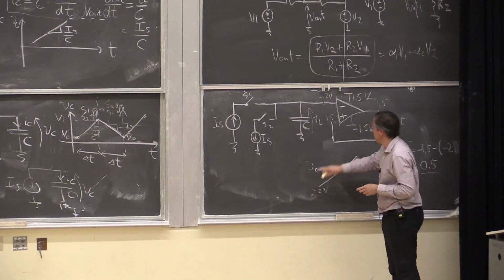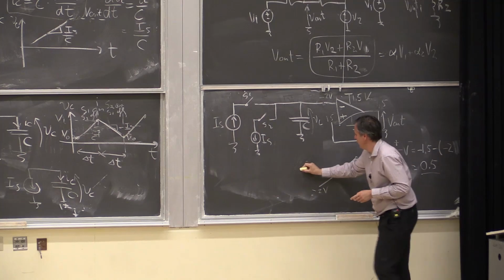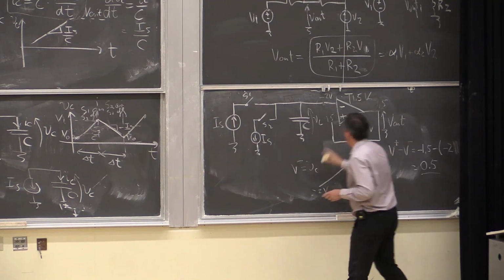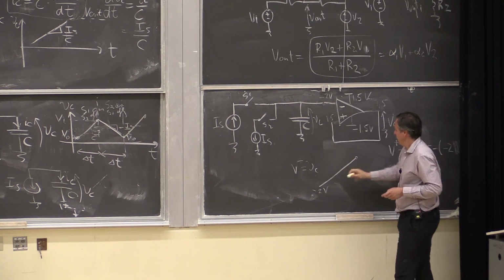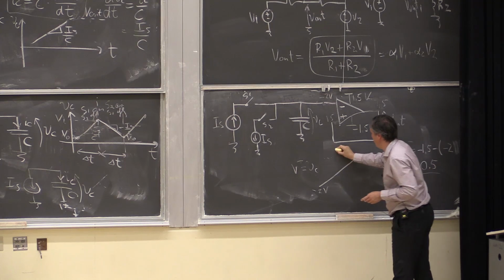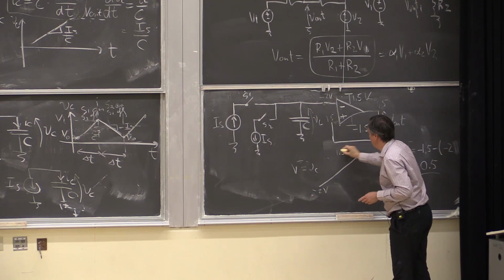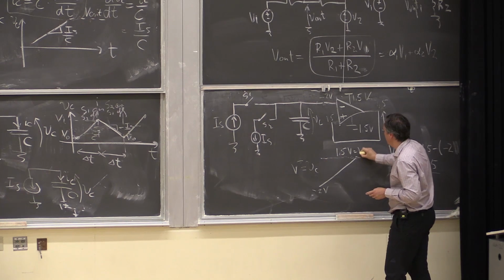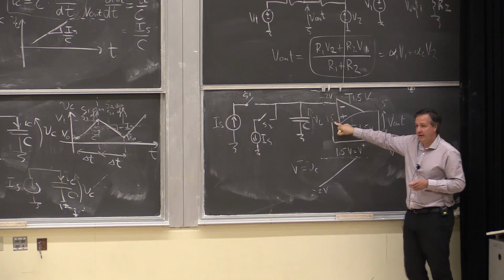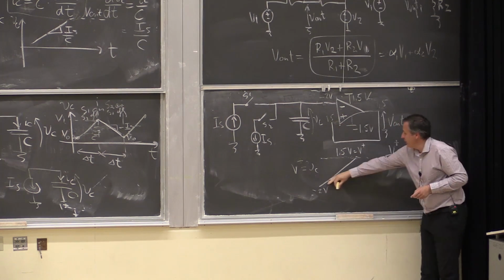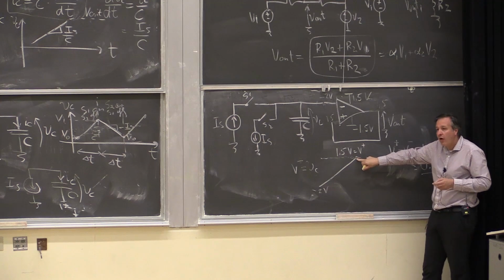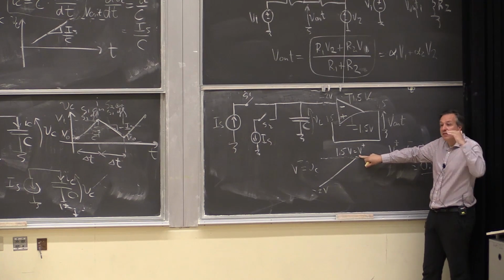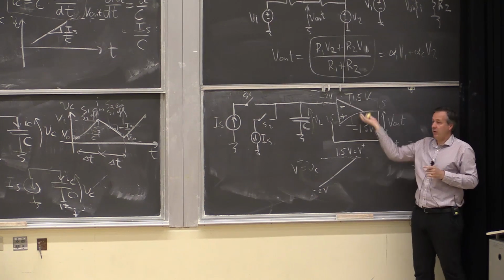Correct. So VC or V minus, right? VC equals V minus. So when VC, V minus, is 1.5 volts, so 1.5 volts is equal to V plus, right? That's here. So when VC increasingly gets there, and just a little bit above, right, this thing will flip.